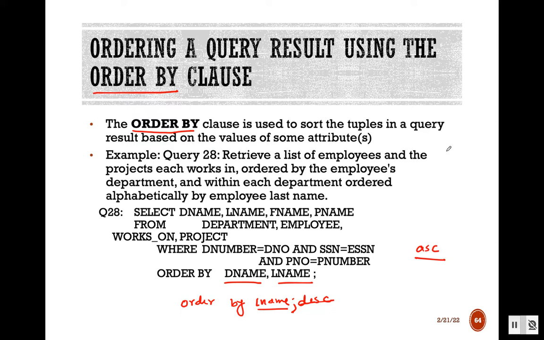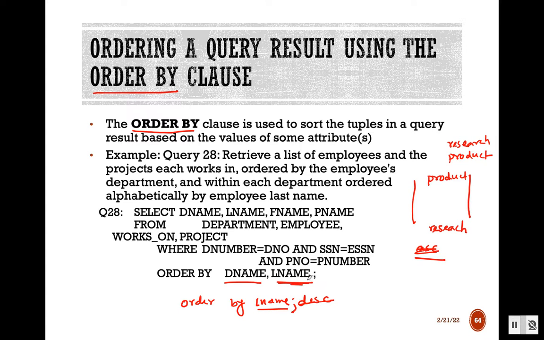Say for example we have D name, and two departments, research and product. If we order based on D name first, then all the tuples with product will come first, then all the tuples with research will come later. Then within each department we can again order them based on last name.